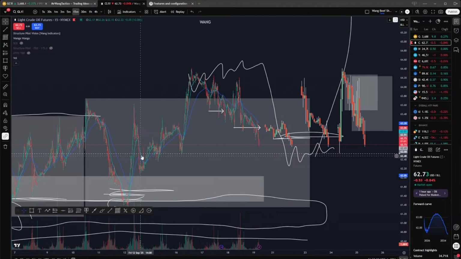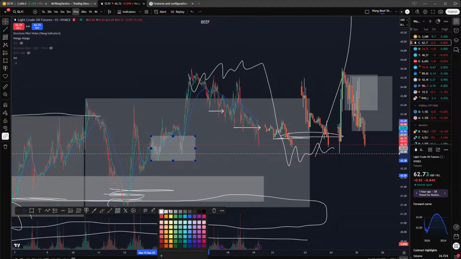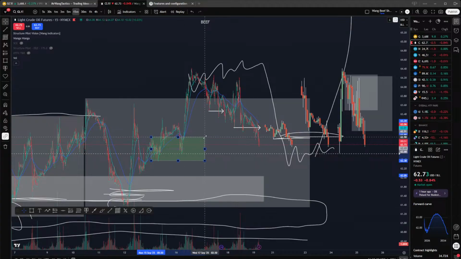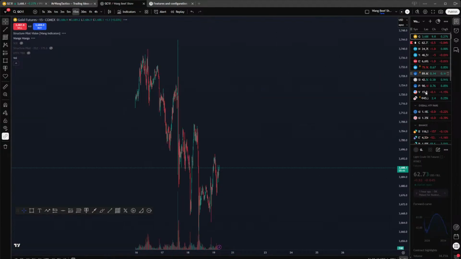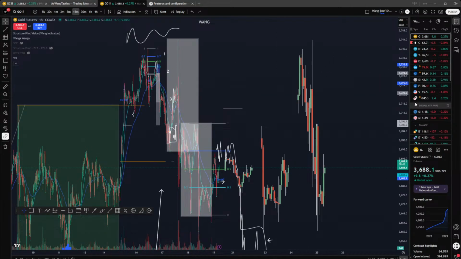Maybe on the sweep that's here. Oh yeah, maybe below that low. We see. We have an alert. We're scouting. We're looking at gold, and we're waiting for something to happen elsewhere.